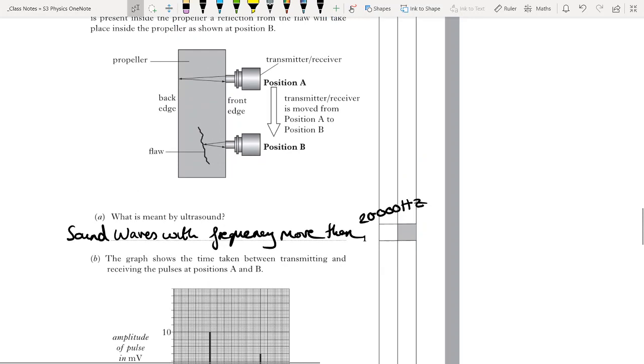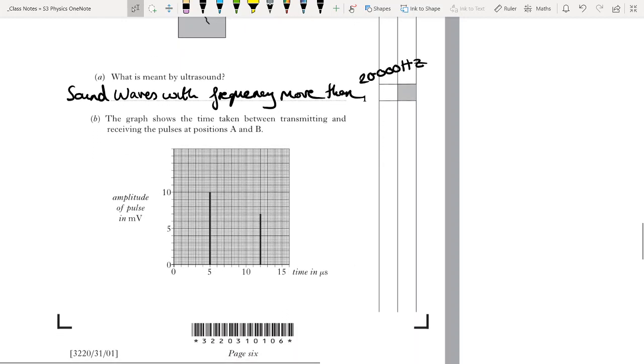And the time taken at position A will be longer because it has to go further. Everyone agreed with that? So this one must be B and this one must be A. So it takes 5 milliseconds to go there and back for B, and it takes 12 milliseconds to go there and back for A. Is that clear?